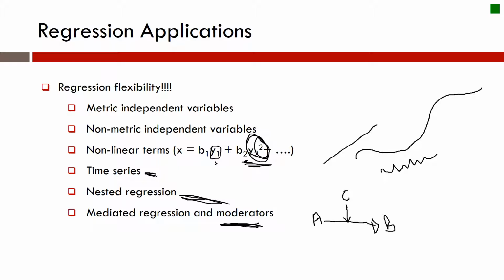C moderates the relationship between A and B. B in this case may be our Y dependent variable, A may be an X, and then C is going to be something else, and we'll actually calculate that. This is X1, let's just say, so it'll be X1 times C, which will be another variable, X2 we'll call it. That'll be how we form our moderator.